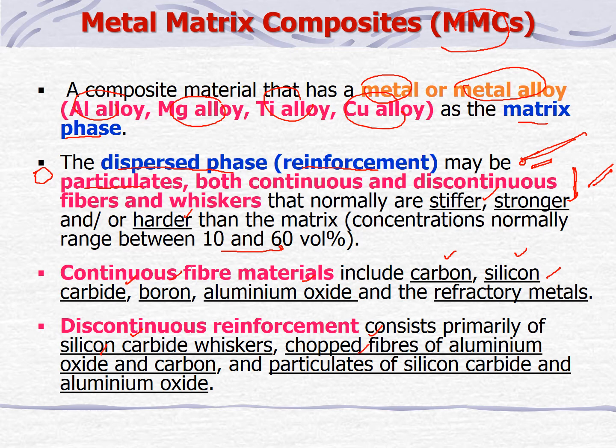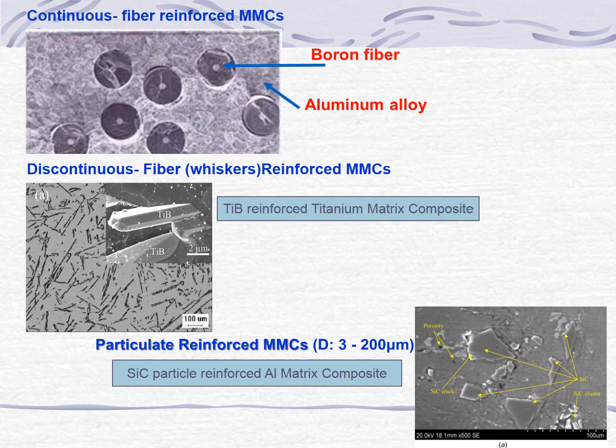So these are the options that you have to add to the metal matrix composite. These are examples of metal matrix composites.